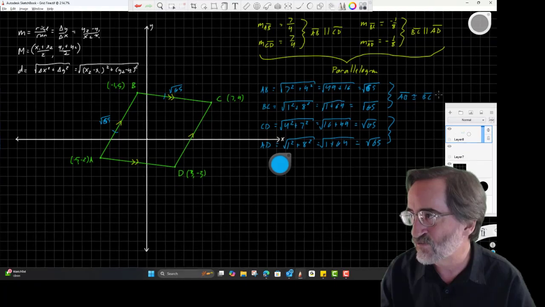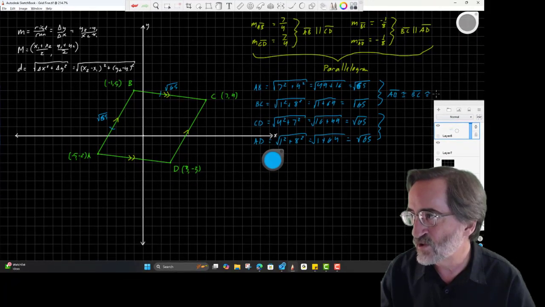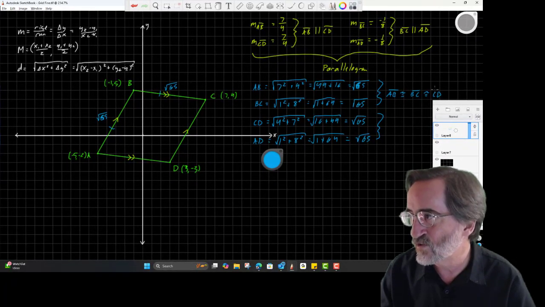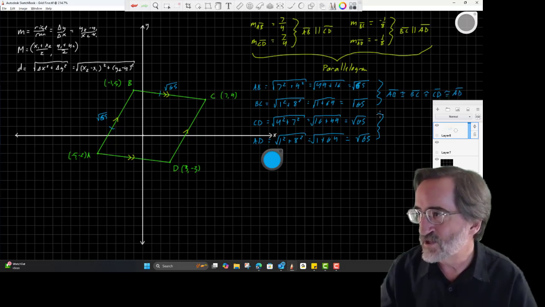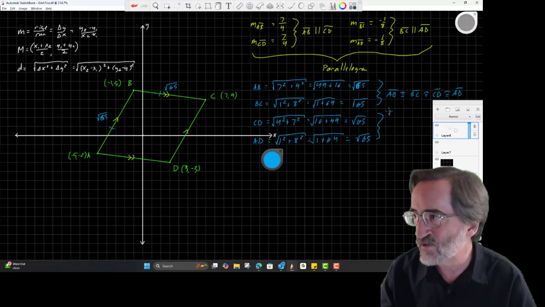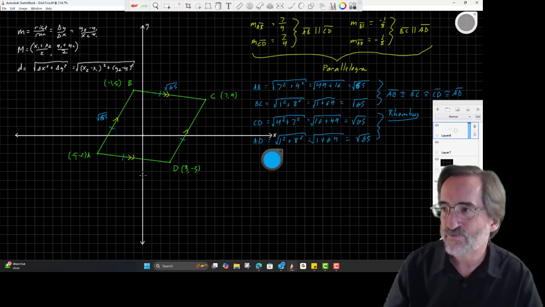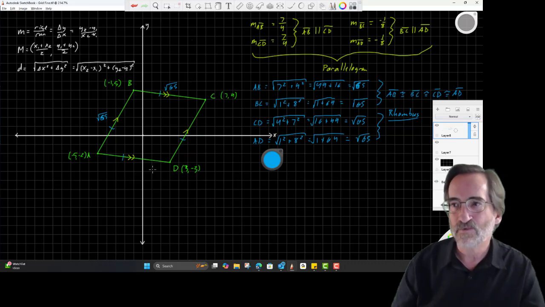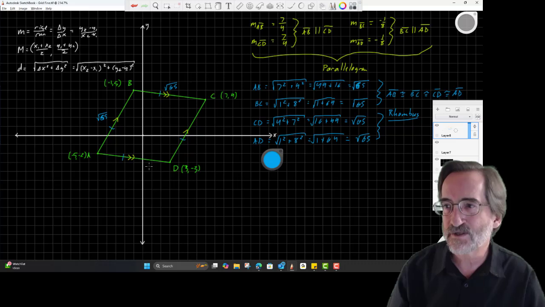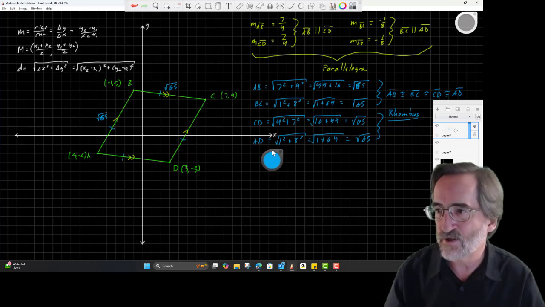AB is congruent to BC, is congruent to CD, is congruent to AD. And since all 4 sides are congruent, the combination of these things tells me that ABCD is a rhombus. A rhombus is a quadrilateral with all 4 sides congruent. Okay? So that falls out of this. The distance formula tells me if segments are congruent.